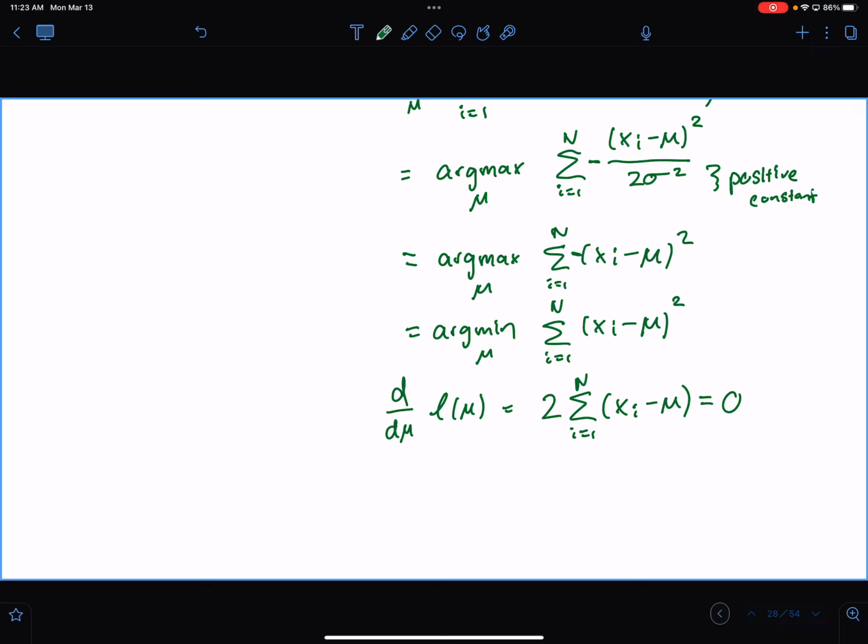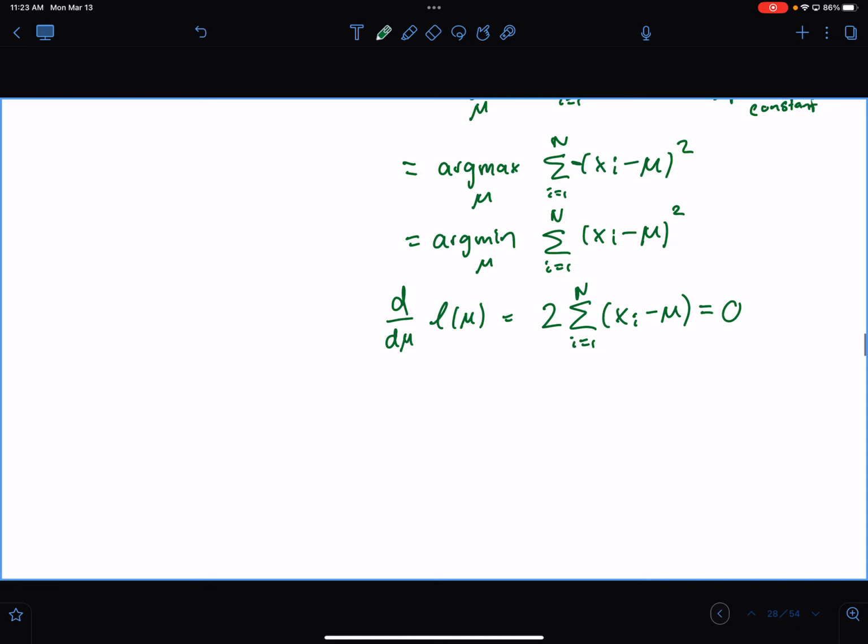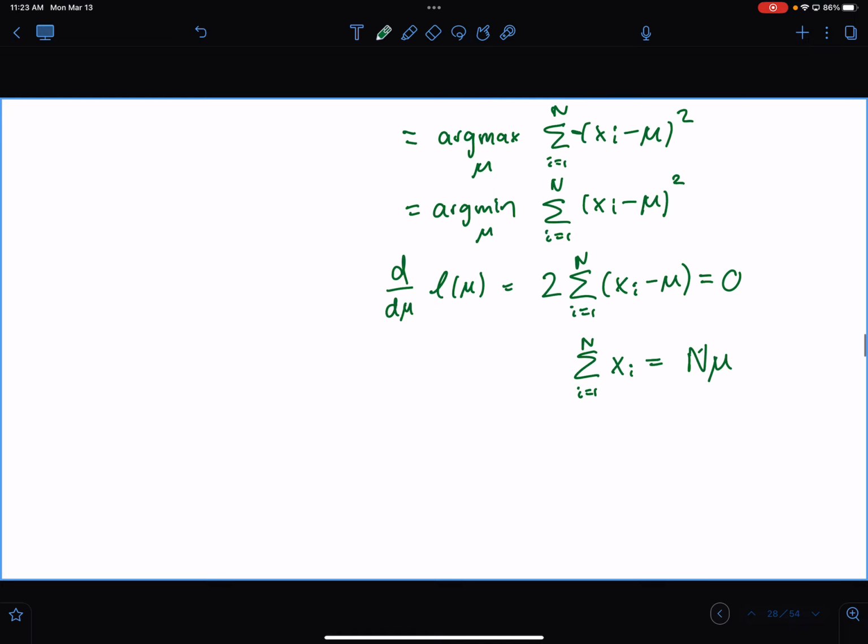So if you just move the mu term to the other side, you get the sum from i equals 1 to n of x sub i equals n times mu, since mu is just some constant we're trying to estimate. Finally, you can simplify this to mu equals 1 over n times the sum of the xi.